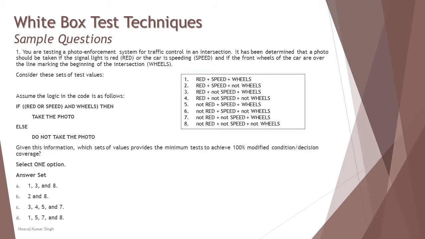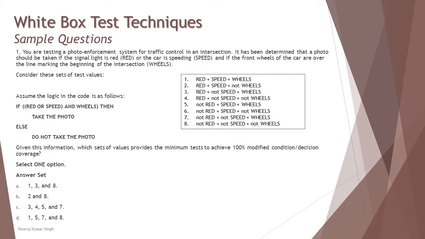So if you see here, it just says that it will take a picture with the help of the control flow given there, the condition statement: if red or speed, and wheels. If the signal is red and the wheels are on the line, it will take a photo. If it is speed and the wheels are on the line, it will take a photo as well. Else, it will not take the picture at all.